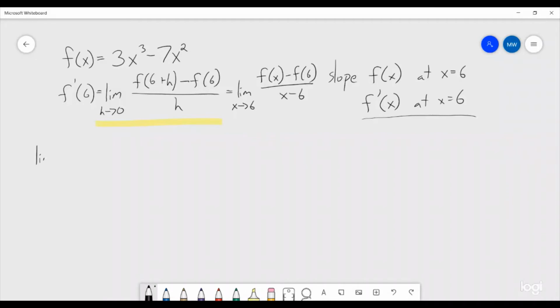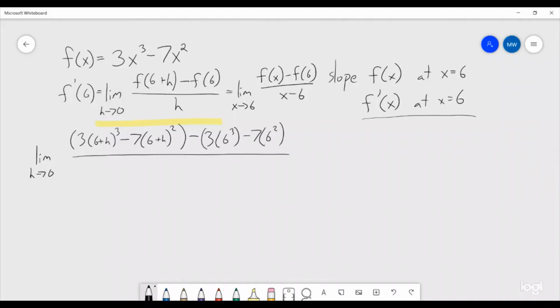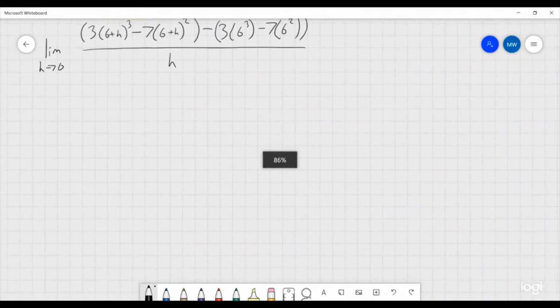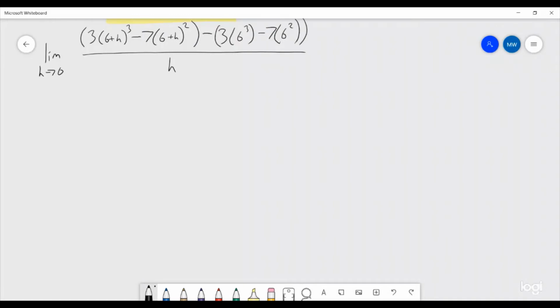So we are looking at the limit as h goes to 0 of 3 times 6 plus h cubed minus 7 times 6 plus h squared, minus 3 times 6 cubed minus 7 times 6 squared, all over h. Continuing this limit, we are going to expand out, cancel terms, and then try to evaluate the limit.